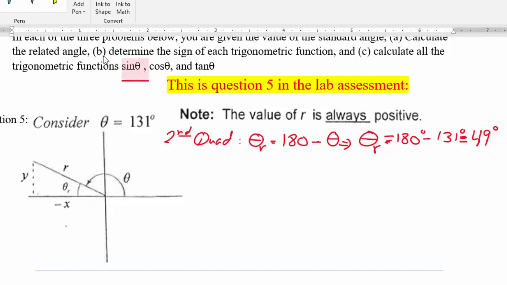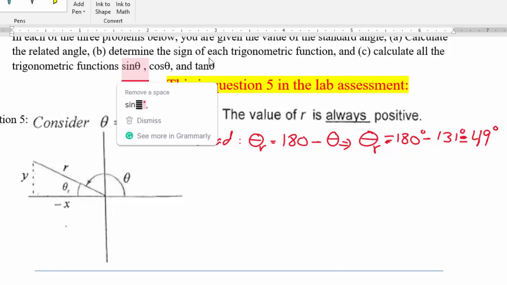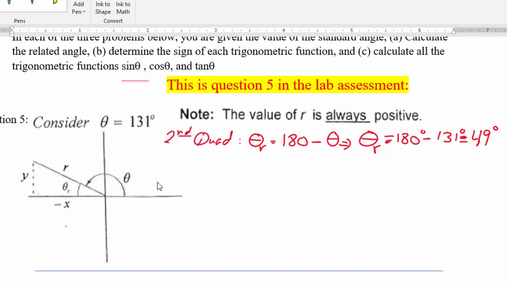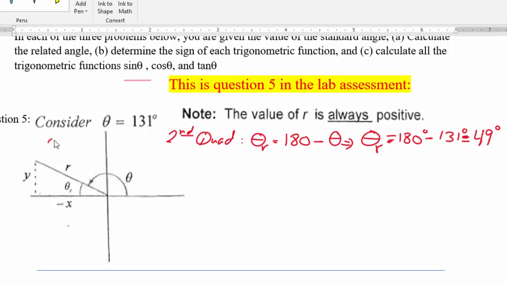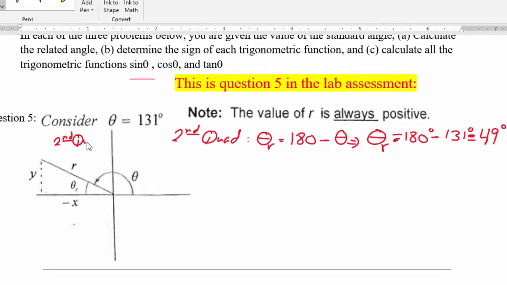Now, regarding part B of the question, determine the sign of each trigonometric function. The sign is determined by which quadrant the vector is located in. We can see here the vector is located in the second quadrant. And second quadrant means what? It means the x component of the vector is negative, while the y component of the vector is positive.